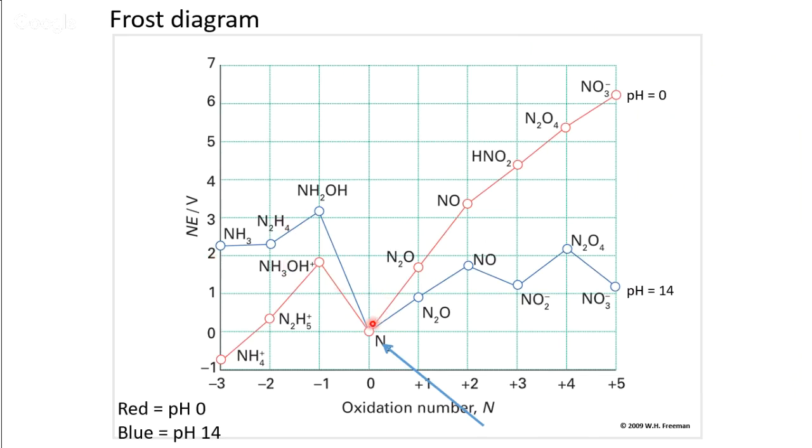The different species are connected by a line where the slope represents the potential difference. And we can tell whether species will tend to disproportionate or comproportionate depending on the particular arrangement of the different species on the line.